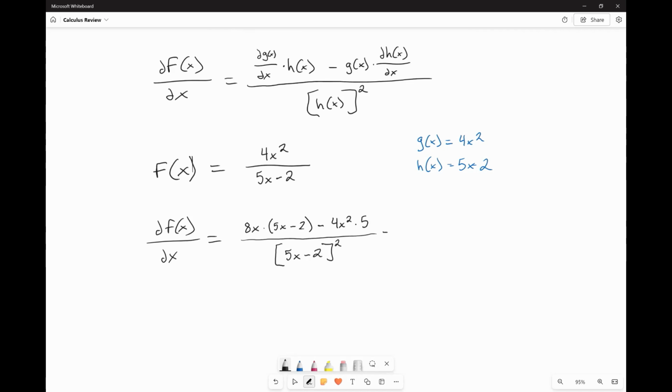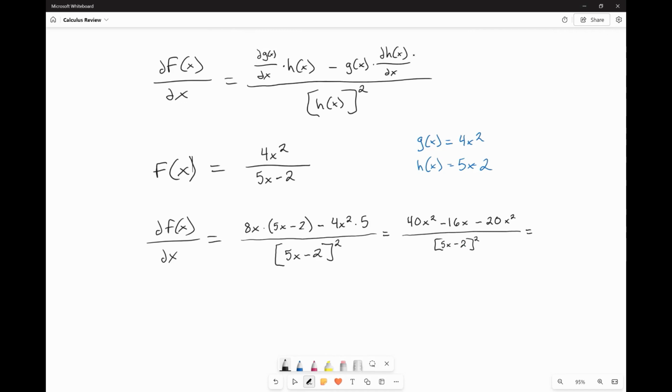And we can simplify this a little bit, especially the numerator. Let's simplify the numerator. We'll distribute this 8x here. So we have 40x squared minus 16x minus 20x squared. Same denominator.